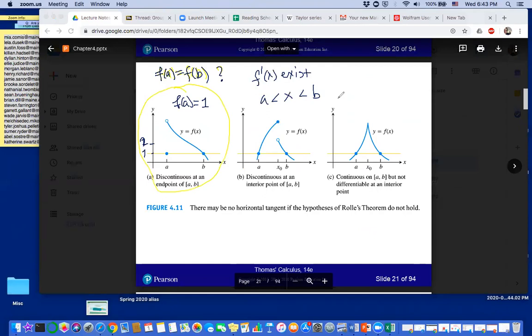Okay, I have 1 vote for yes. Can you guys raise your hands? If you think the answer is yes, please raise your hands. 1, 2. I get 2 votes for yes. If you think it's no, please raise your hand.